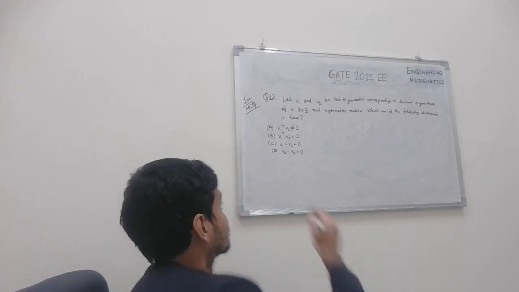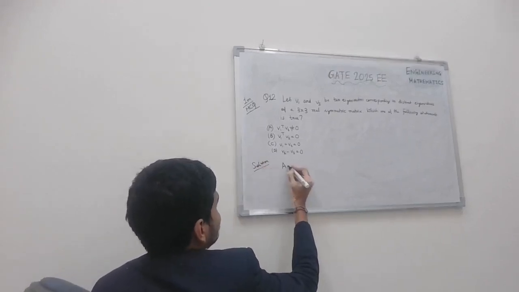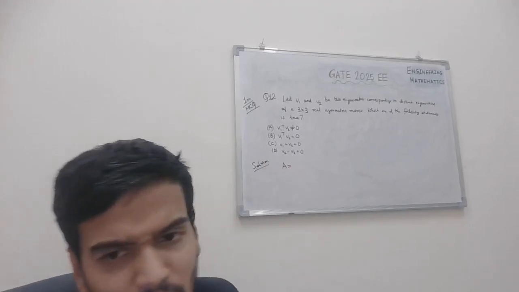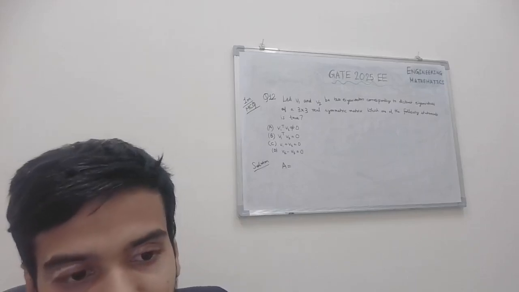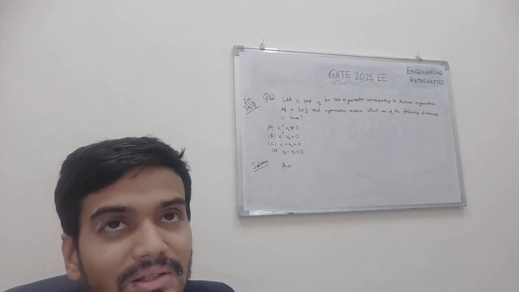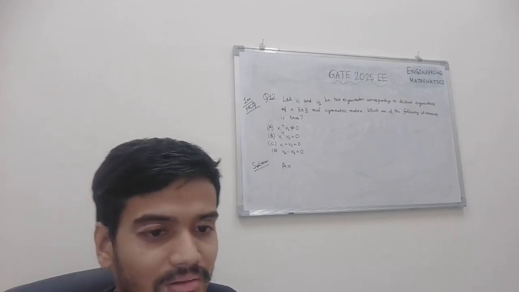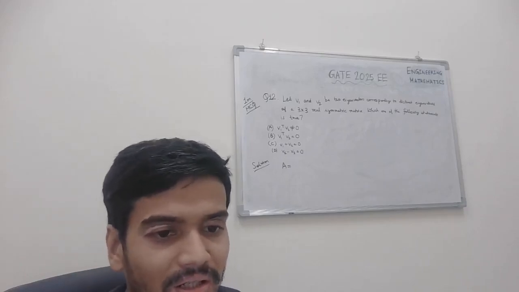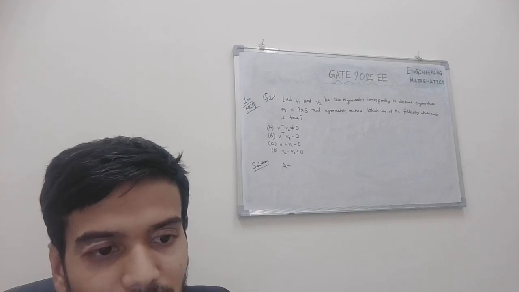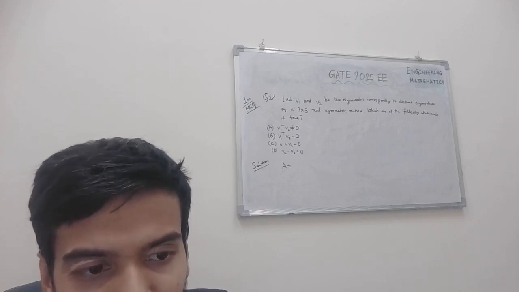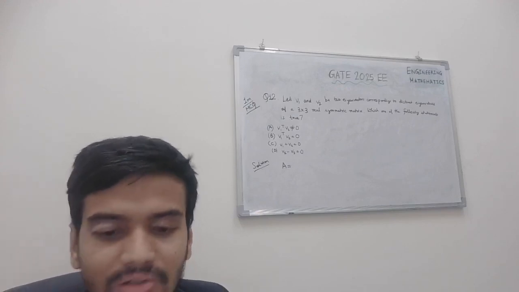A real symmetric matrix means the elements will be symmetric. One such example of a 3 by 3 real symmetric matrix is a diagonal matrix with distinct eigenvalues. You could choose an identity matrix as well, but it has the same eigenvalue 1. So I am choosing the diagonal matrix with distinct eigenvalues 1, 2, 3, and all other elements 0.